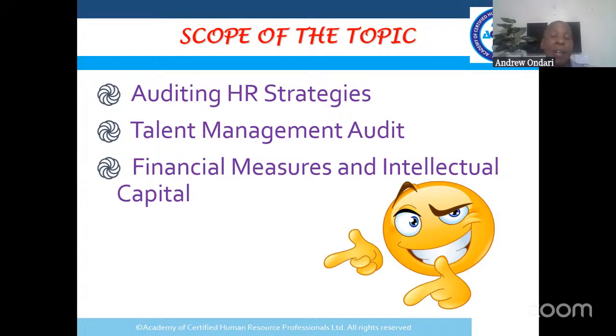And in this area, we are going to look at the best practices in auditing or measuring those three components of talent management. And then the final component of auditing HR strategy is financial measures and the intellectual capital.